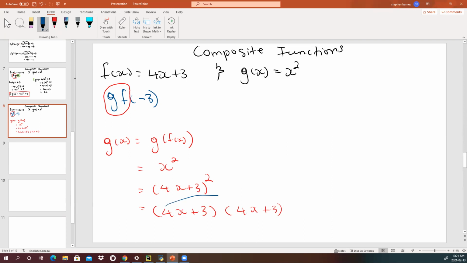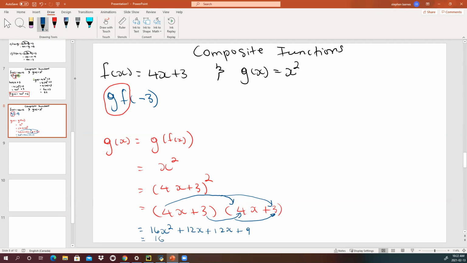So 4x times 4x gives you 16x squared. 4x times 3 gives you positive 12x. 3 times 4x gives you another positive 12x. And then 3 times 3 gives you a 9. Everybody following so far? I hope you are.